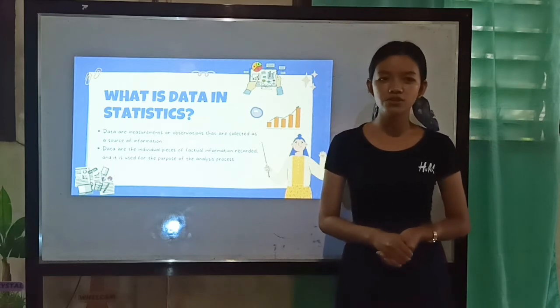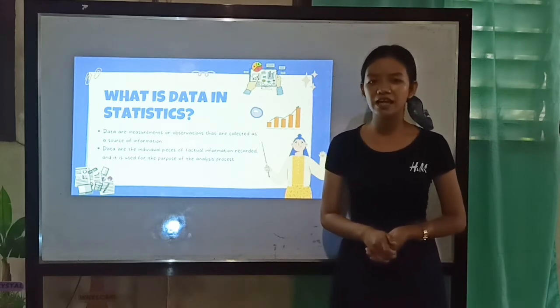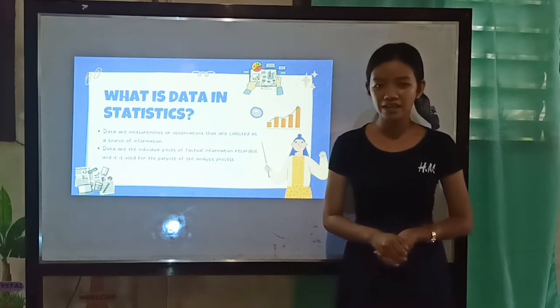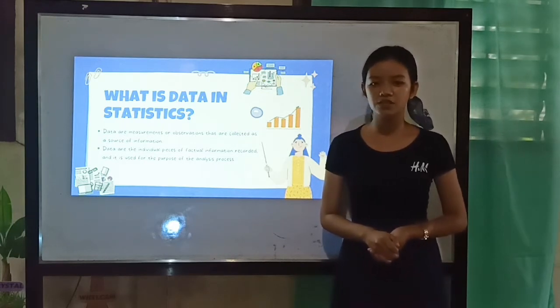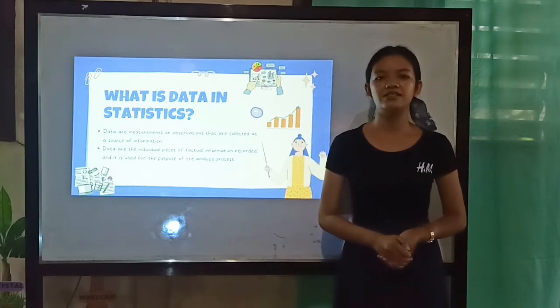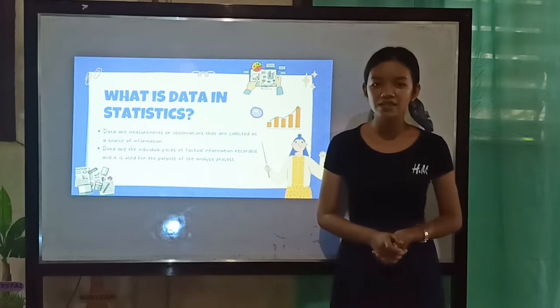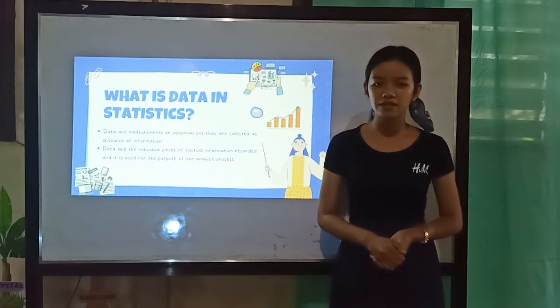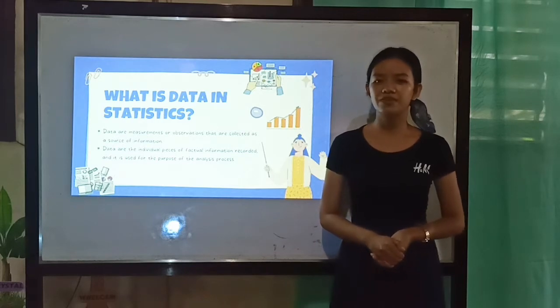It is also used to create new information or knowledge. Data are the facts and figures that are collected, analyzed, and summarized for presentation and interpretation. For instance, gender, which is the variable. Its data are male, female, lesbian, or gay.